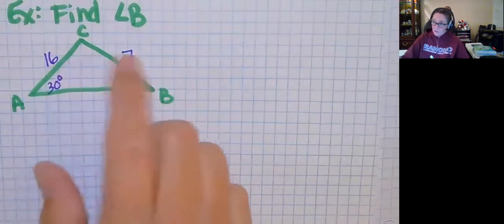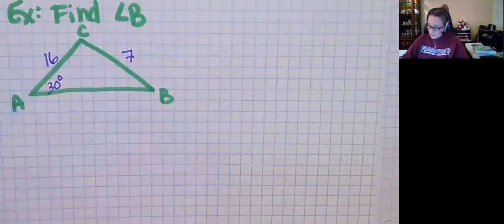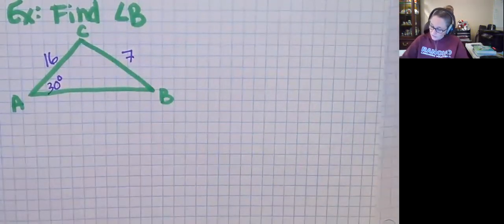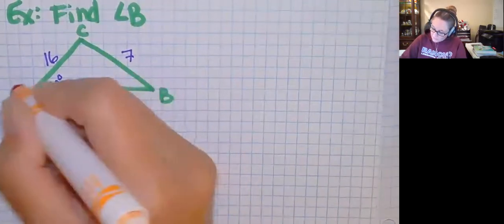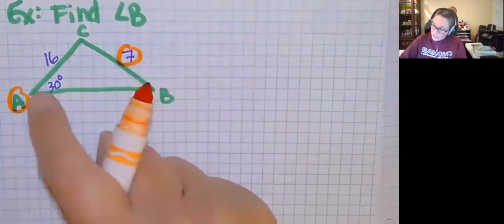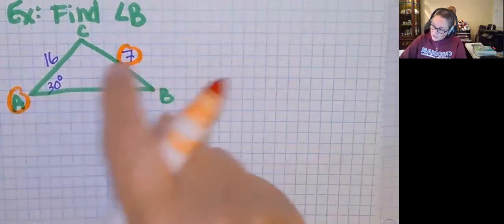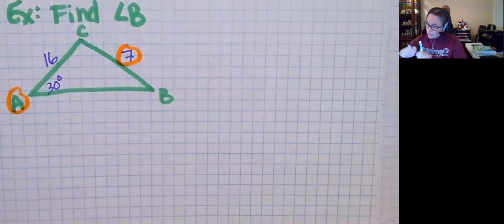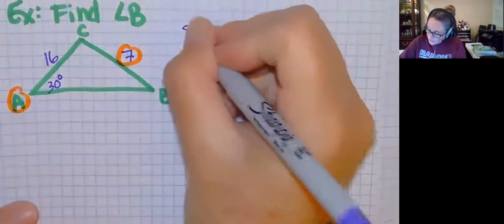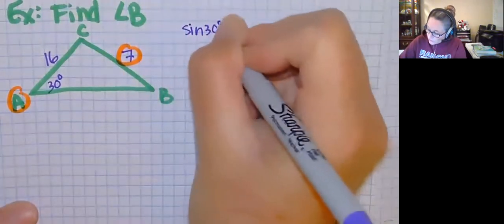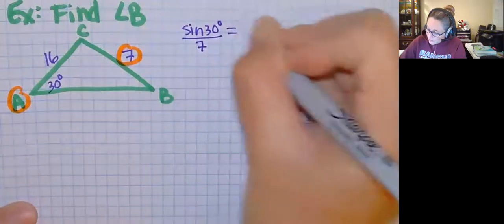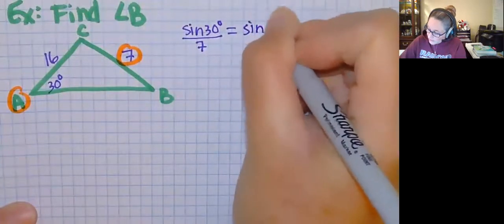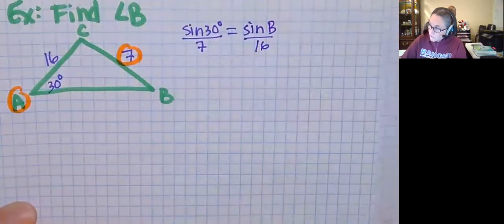And again, we have side and angle each of these times, and we know this and this. So we have an opposite angle and side, so we can use law of sines. I'm going to set it up one more time. Sine of 30 degrees over 7 this time equals sine of B, still over 16. Cross multiply.